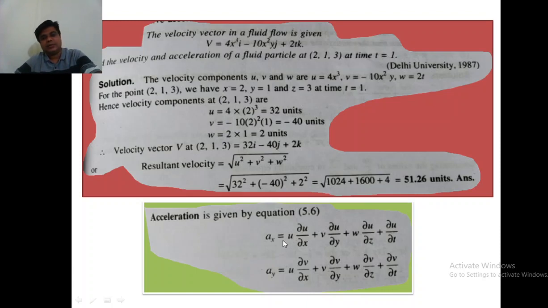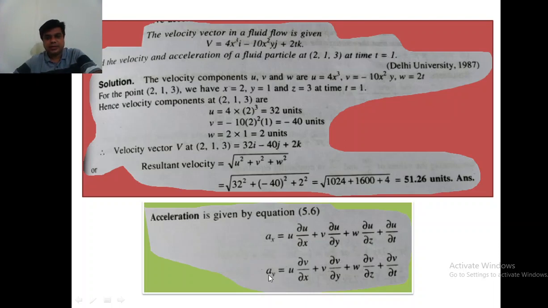Similarly, we have seen in the previous session how to calculate acceleration. Acceleration in the x direction is with respect to velocity u in the x direction, and so on. So for acceleration in the x direction, you will get this equation, which we have seen. This is the convective acceleration and this is the local acceleration.